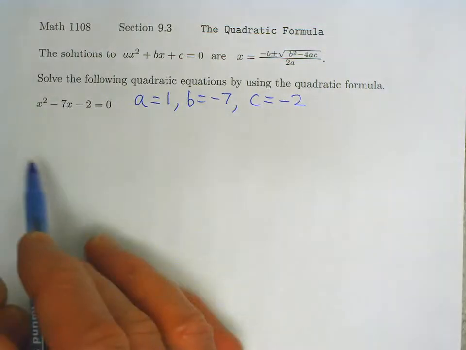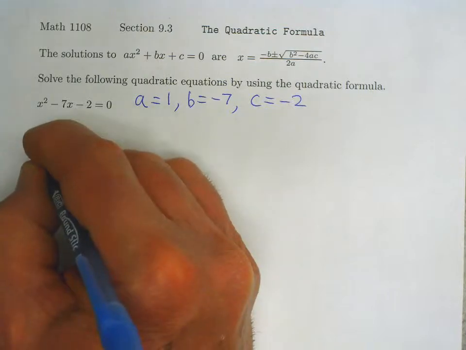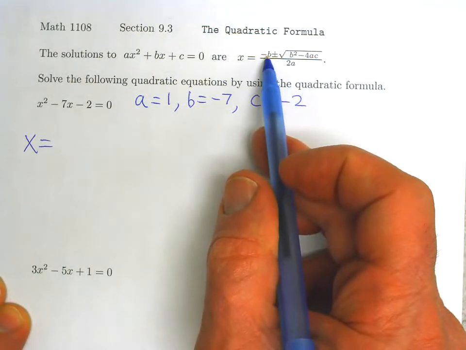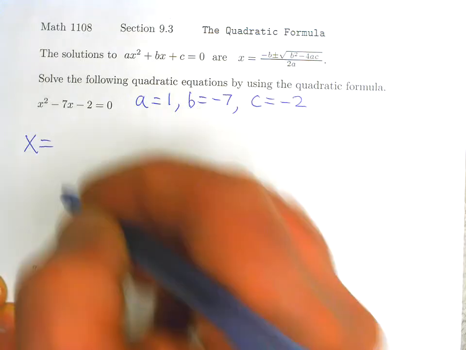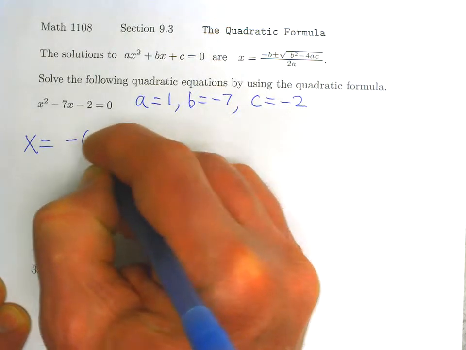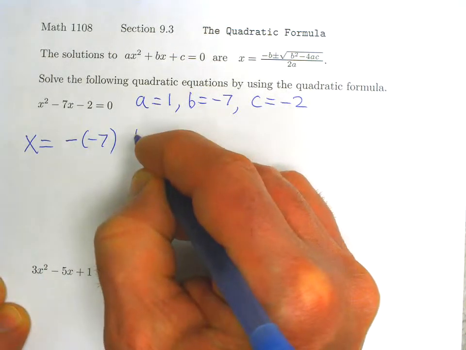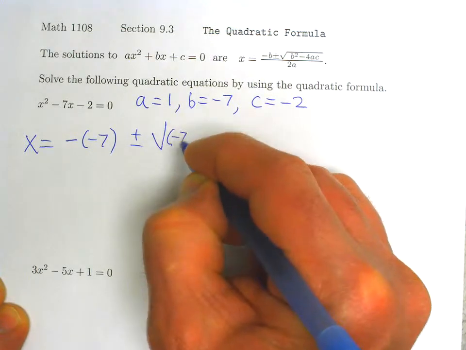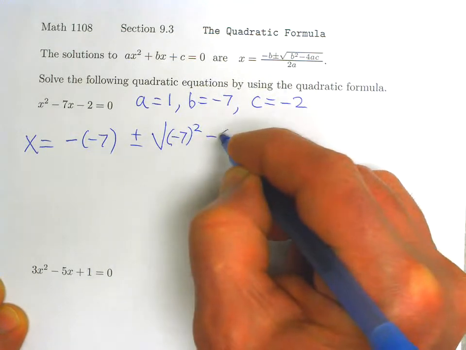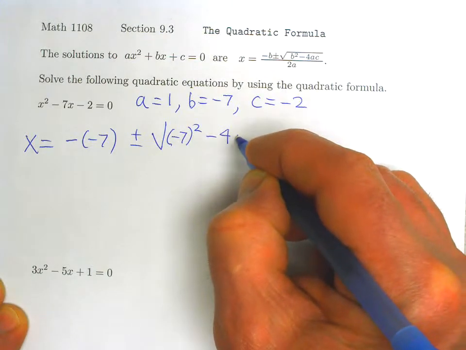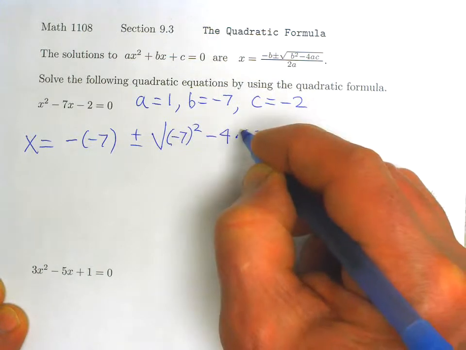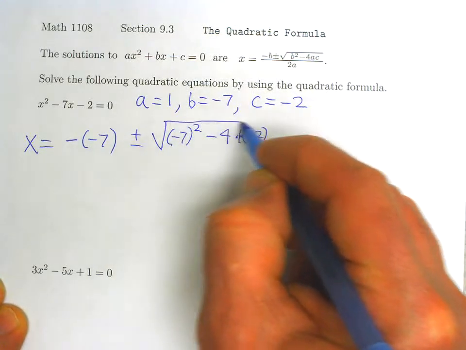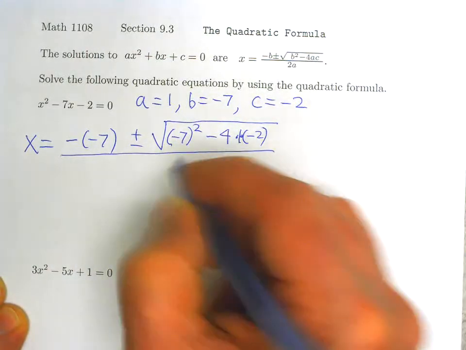Okay, so we'll just apply the quadratic formula. x equals, according to the formula, negative b. So if b is negative 7, x is equal to the negative of negative 7 plus and minus the square root of the number negative 7 squared minus 4 times 1 times negative 2, all divided by 2 times 1.